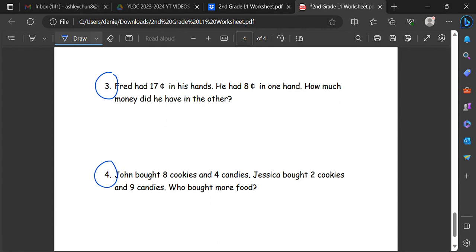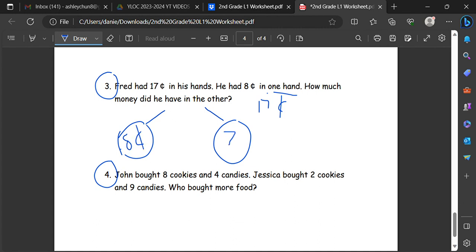This one doesn't have "and" or "more" in it, so we can assume that it's subtraction, but let's read it again. He has 17 cents in his hands, so these are his 2 very large circular hands, and they're telling us that he has 17 cents. And in one of these hands, he has 8 cents. So we don't know how many is in the other hand.